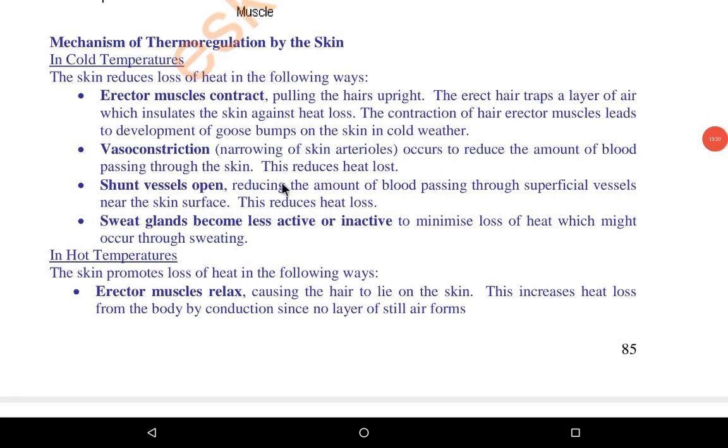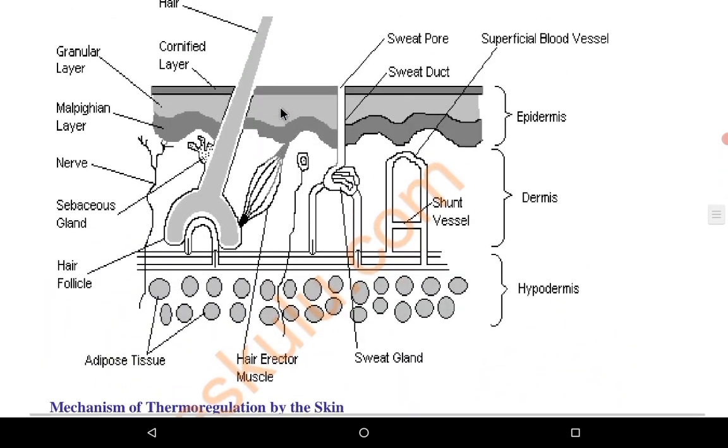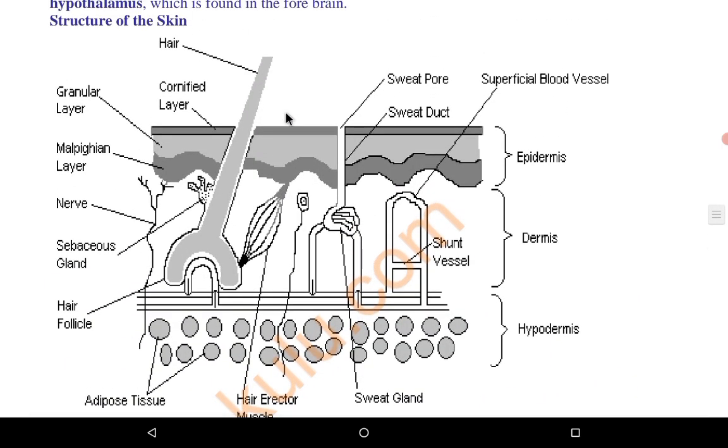So we're saying the erector muscles contract. Now when this muscle contracts, let's find the erector muscle here. I can think of this one here, the hair erector muscle, which is this muscle here. So once this muscle contracts, let's see what will happen.